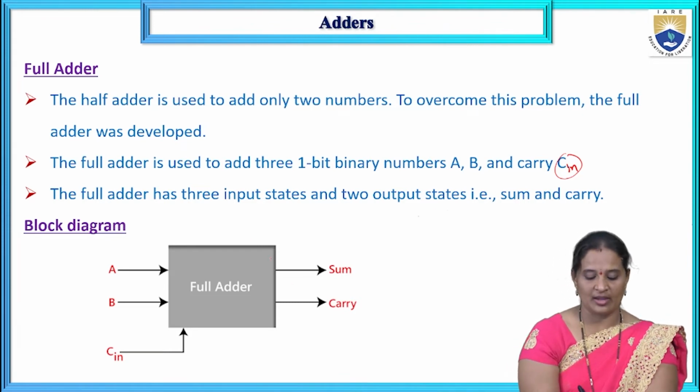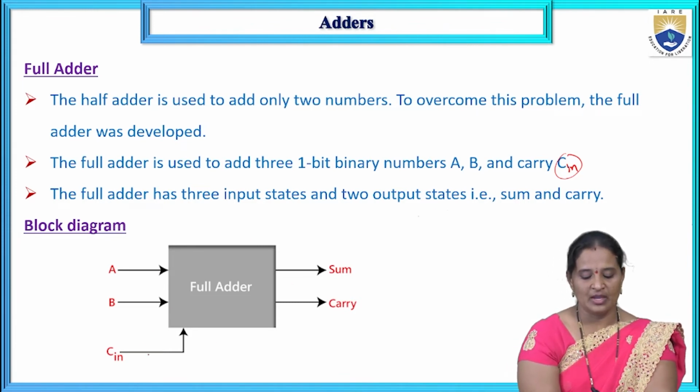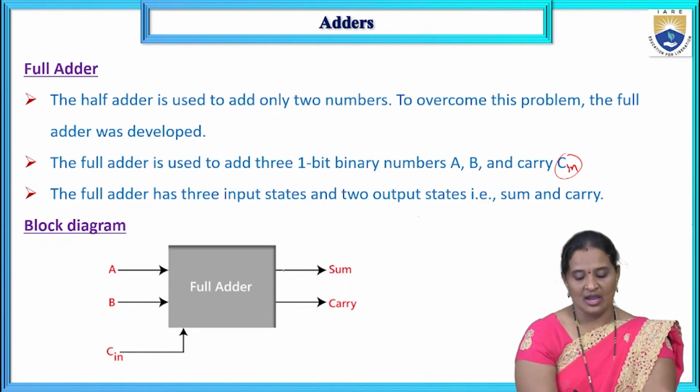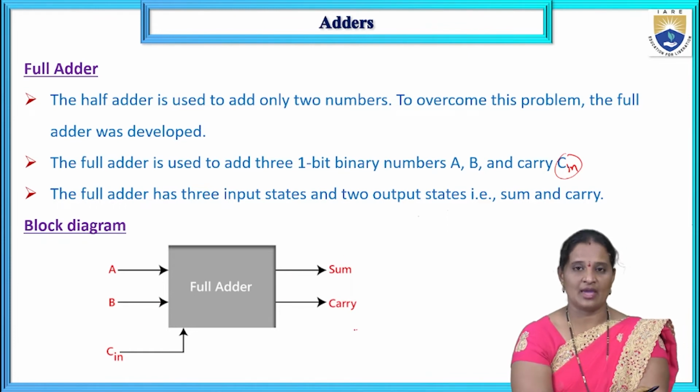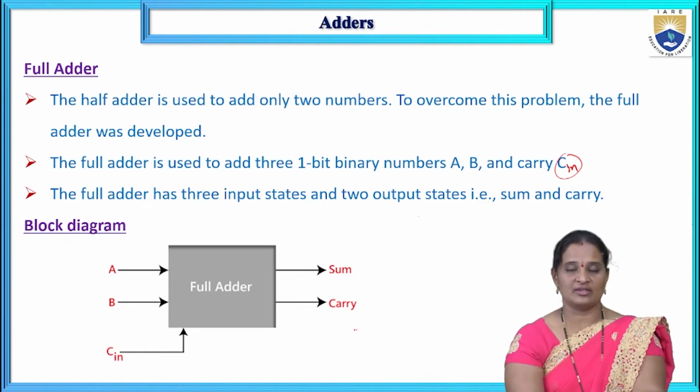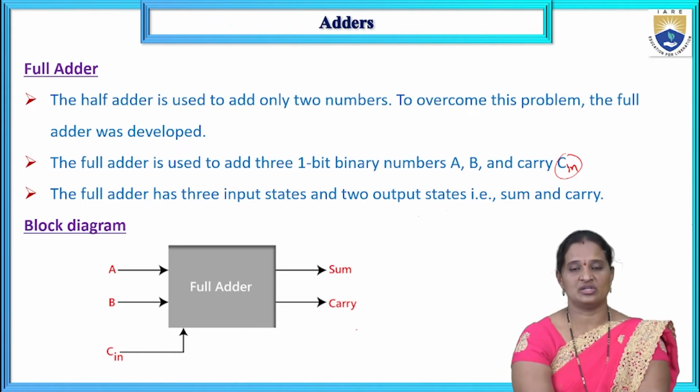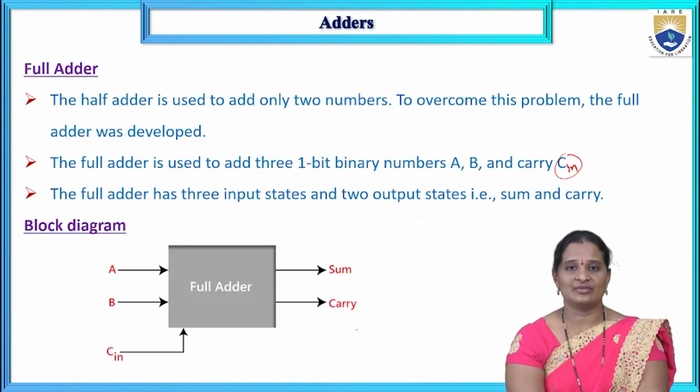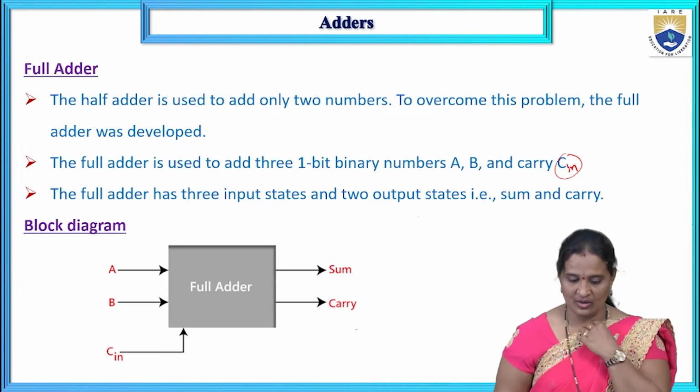This is the block diagram. So a full adder is a combinational circuit which can add 3 bits of data at a time and produce 2 outputs, sum and carry.